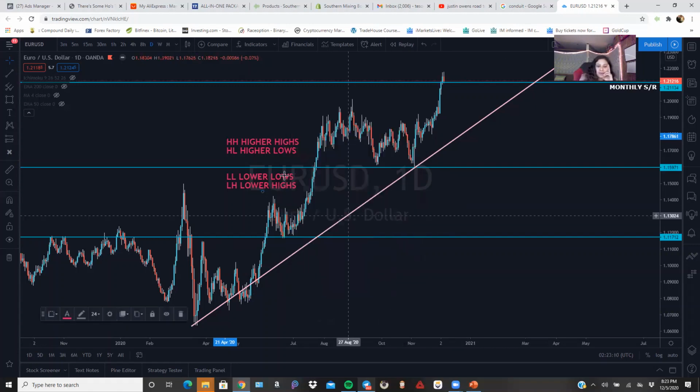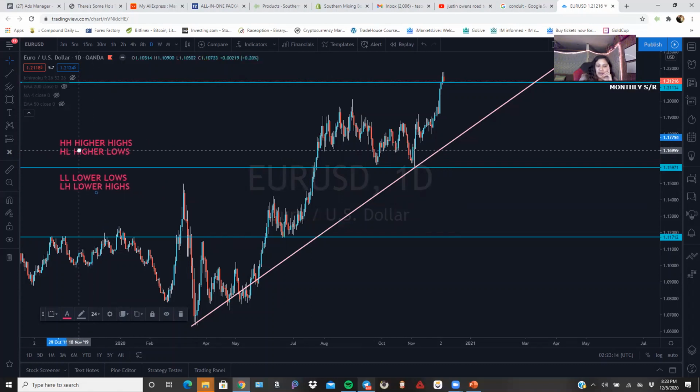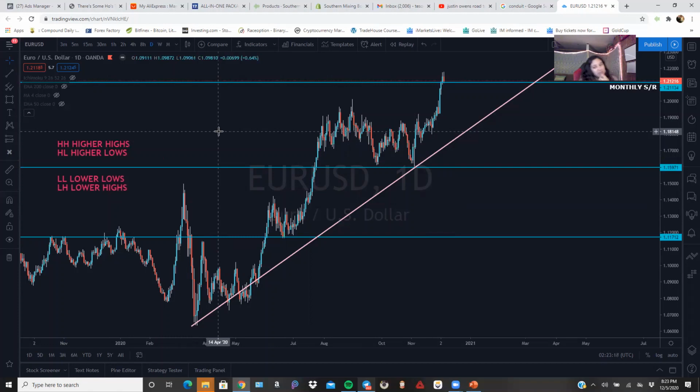if you have higher highs and higher lows, what is that equivalent to? Right? If this high is higher than this high, and this high is higher than this high, and then we have these lows, right?